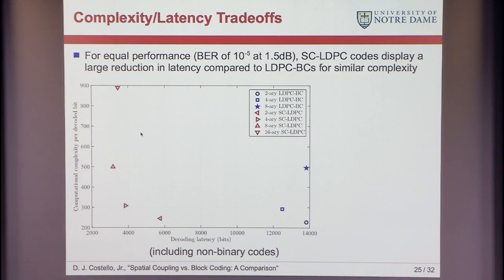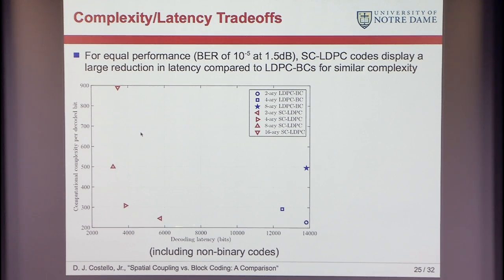This is a funny graph. So we're fixing performance, 10 to the minus 5 bit error rate at 1.5 dB. And we're plotting latency versus computational complexity. So how do I want to try to show this? Okay, let's take binary. This is the block code, and this is the spatially coupled code. So same performance now.